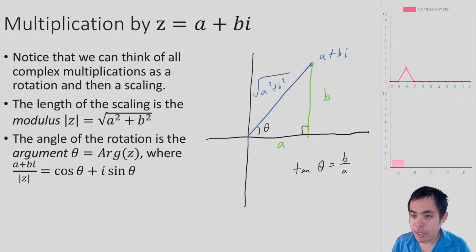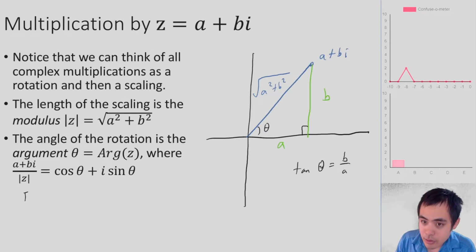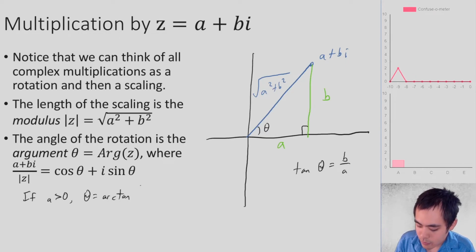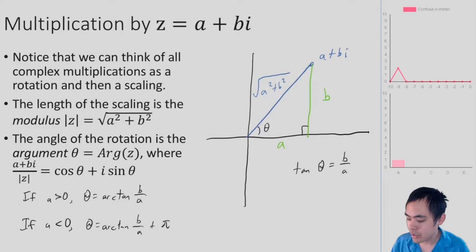Though you have to be a little bit careful when figuring out what theta is. If a is greater than 0, then theta is equal to arctan of b over a. And if a is less than 0, then theta is equal to arctan of b over a plus pi, because pi is equal to 180 degrees.